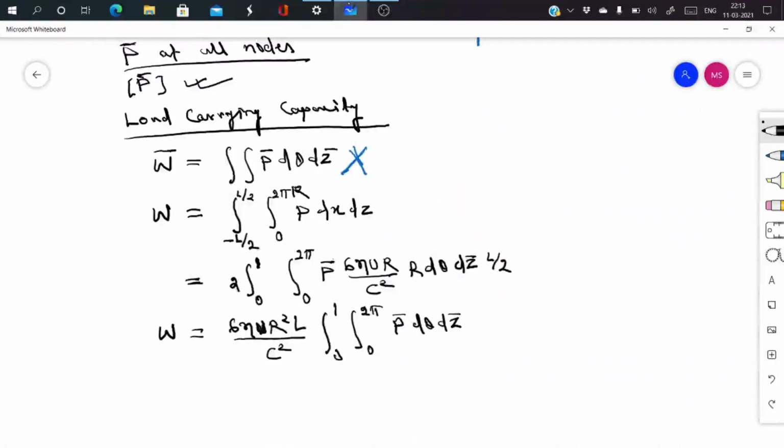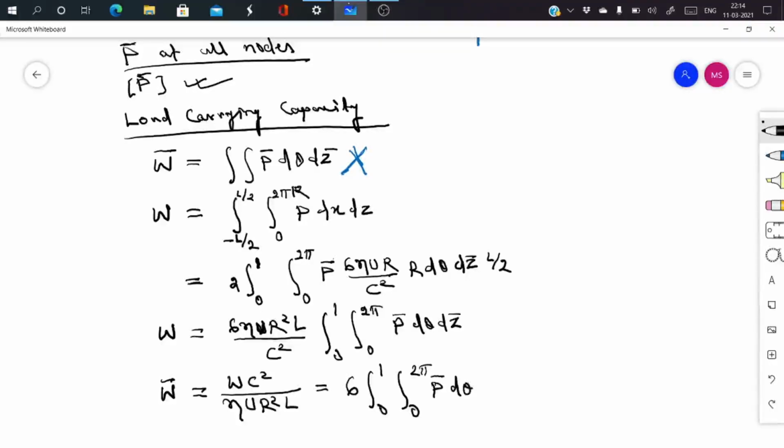Okay, so if you want to make a non-dimensional W, then you have to check the dimensions. W bar equals W c square by eta u r square L, equals 6 times the integral 0 to 1, 0 to 2 pi, P bar d theta dz bar.